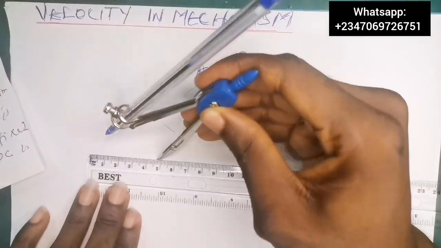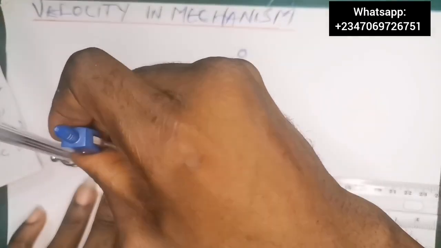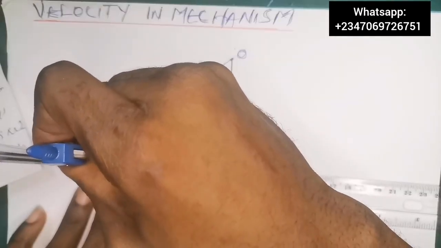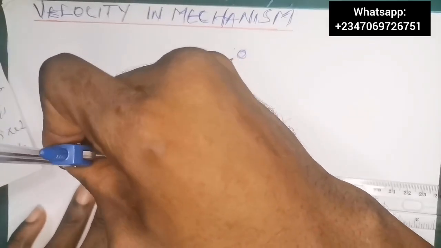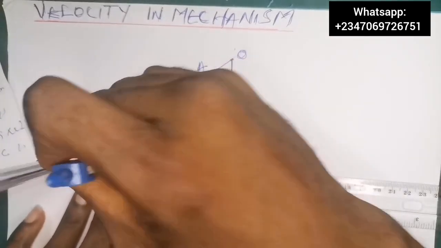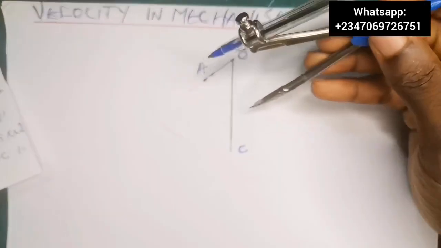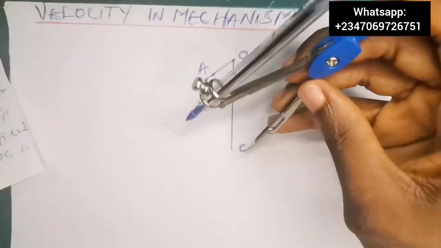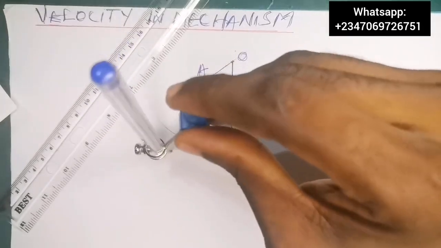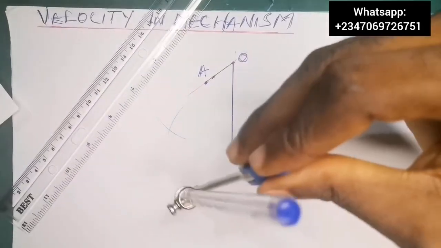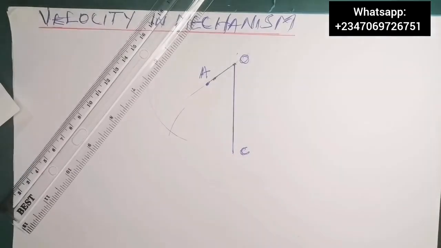So 4.9 is just 1 centimeter away, and you have this. All right. So this is 4.9. Now you place at point C. So you bisect the line and you have this.